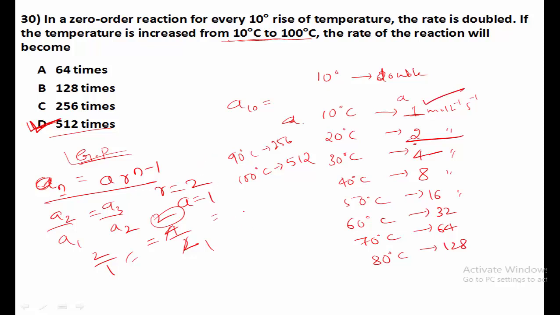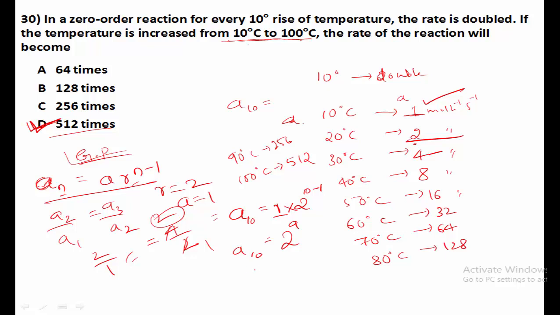Now substitute the values. n means how many times you have increased; 10 degrees to 100 degrees Celsius means you have raised it 10 times. So A10 is equal to A, which is 1, into r, which is 2, raised to n minus 1, n being 10 minus 1, so 1 into 2 to the power 9.